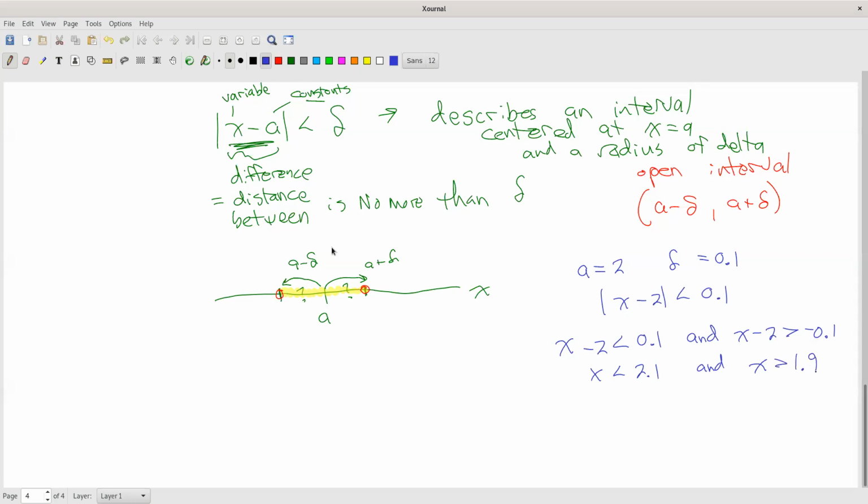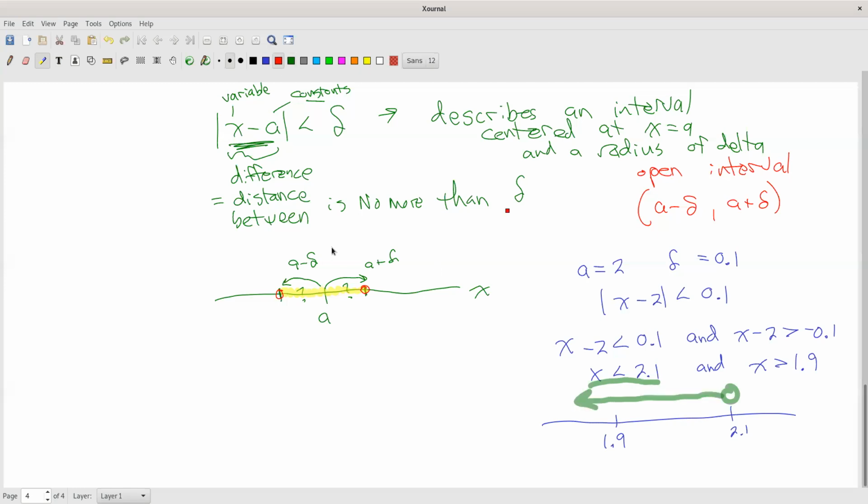And if we think about that on a number line, over here is 2.1, over here is 1.9. And let's shade, say, this one right here in green. So x is less than 2.1. I'm starting over here and I'm going that way forever.